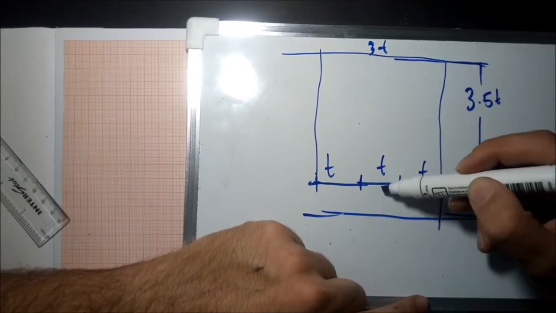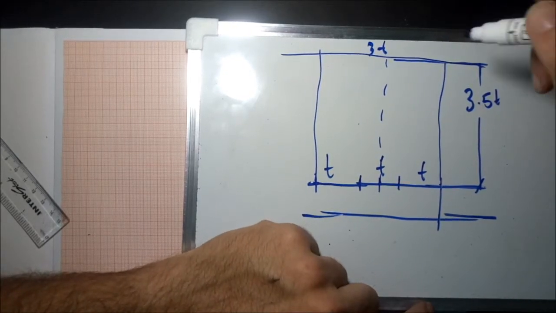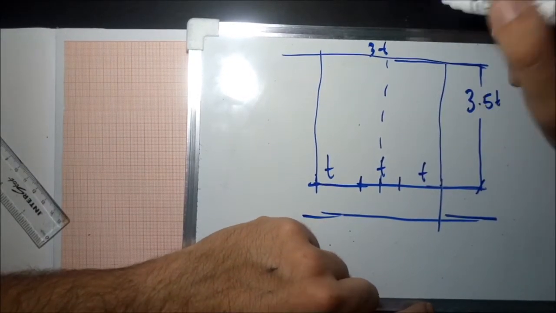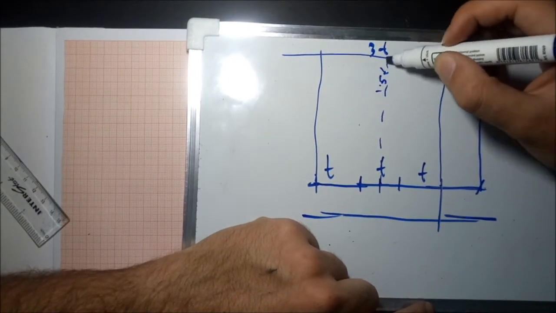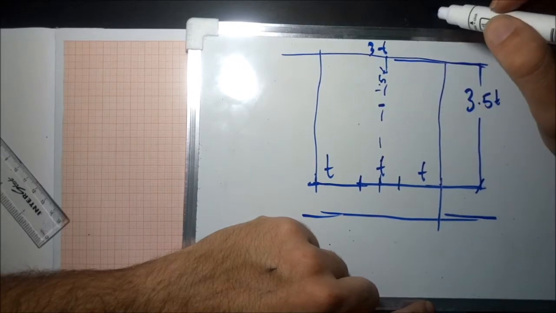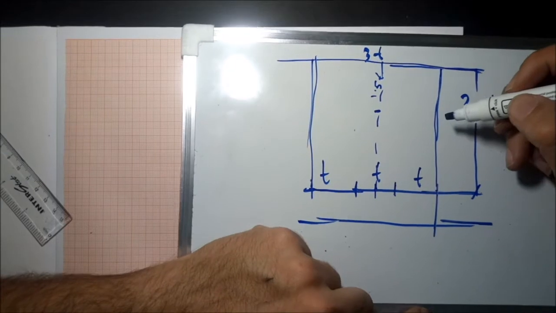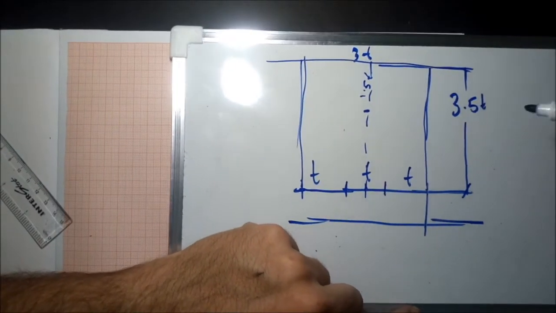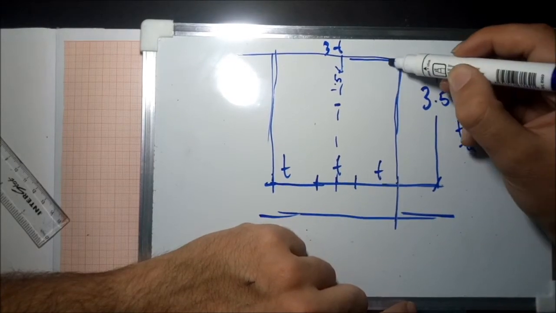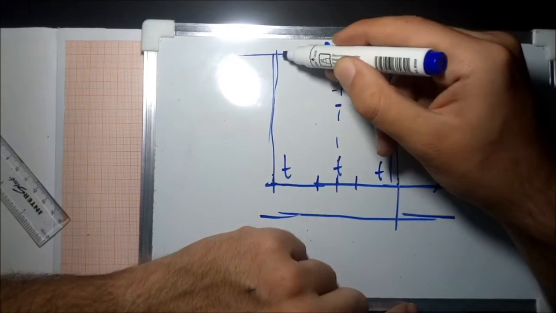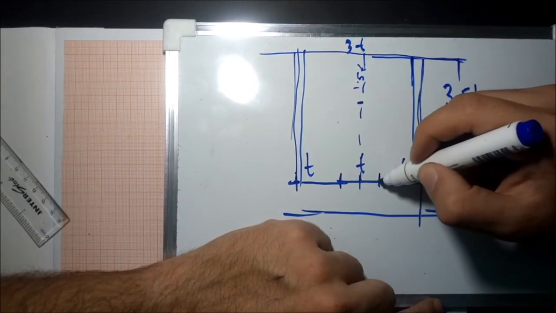From the top, right in the center line of this shape, we are going to drop 1.5 T. Locate this point. From these sides, we are going to take a fourth, the T over 4, right here and here, so that we can draw this shape.